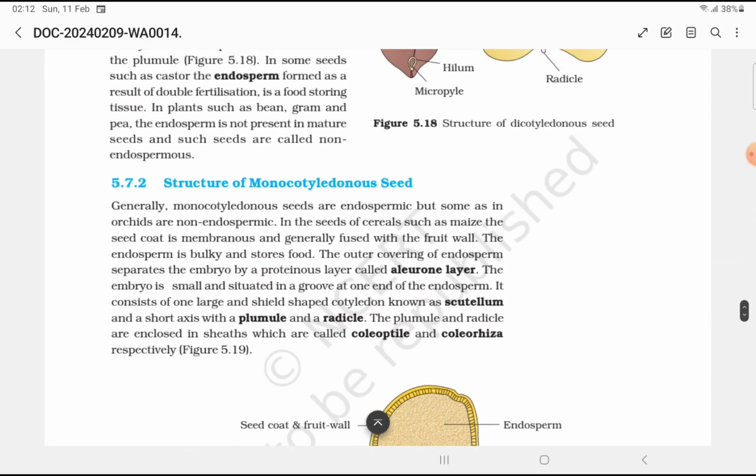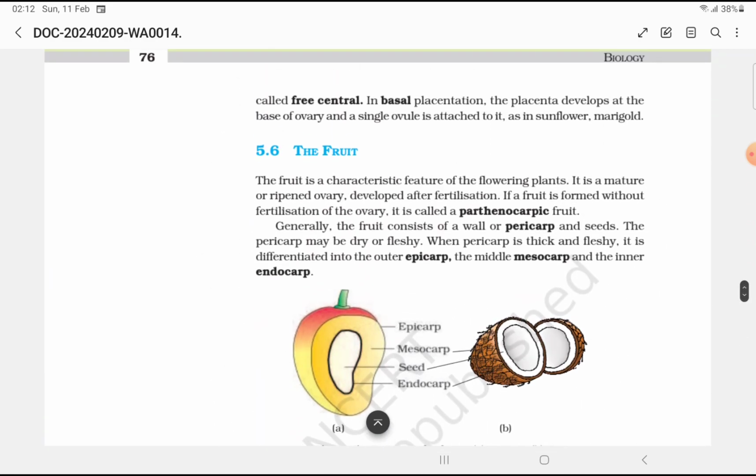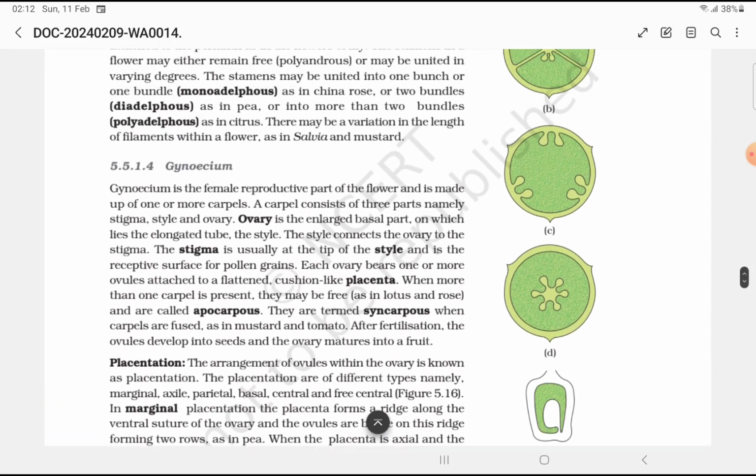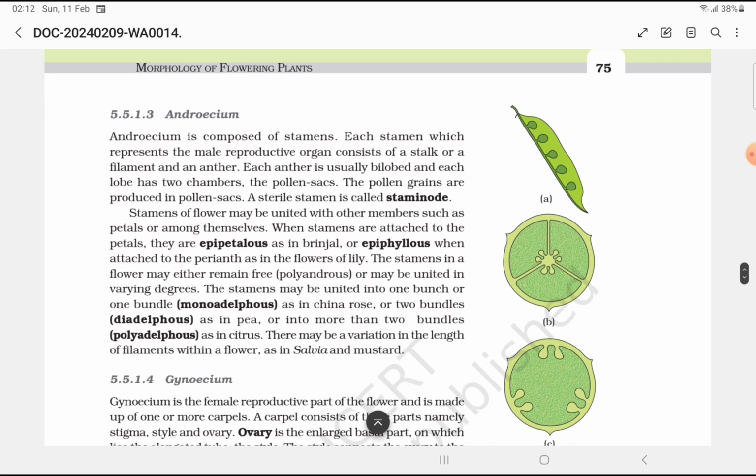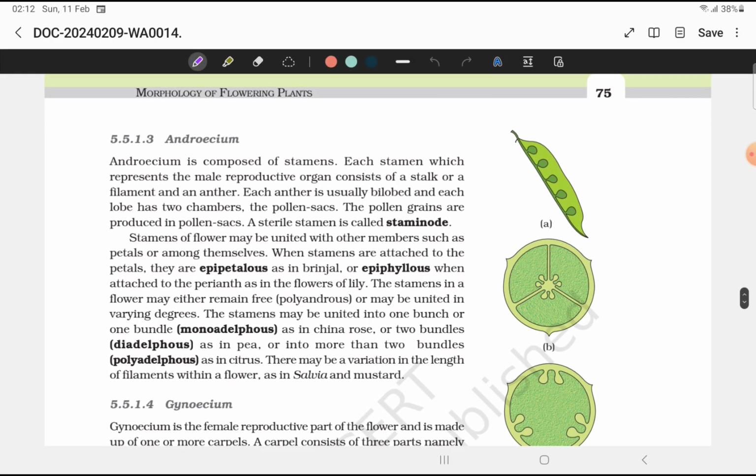It is mentioned in our book in the placentation area where you have marginal placentation. Look here, this is the marginal placentation, wherein this is the pod, two pods are present, and this is the suture, the ventral suture, and this is the seed. So two pods have been connected on the ventral side, it's a kind of suture.